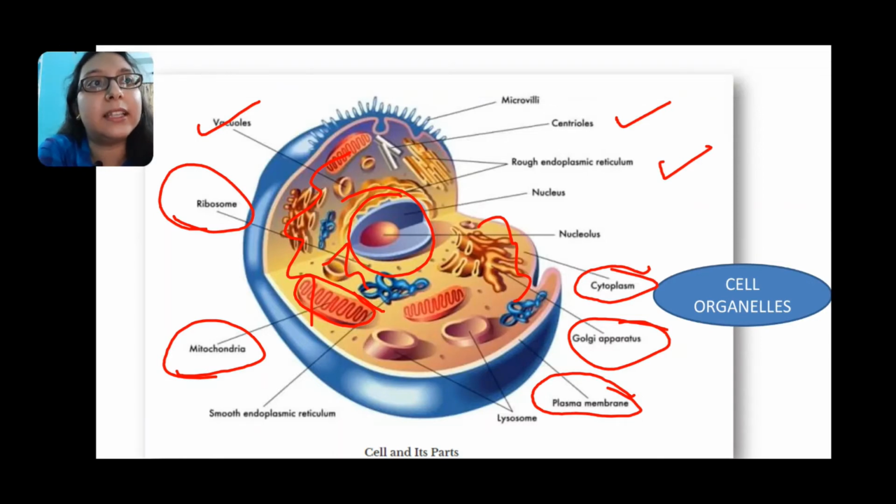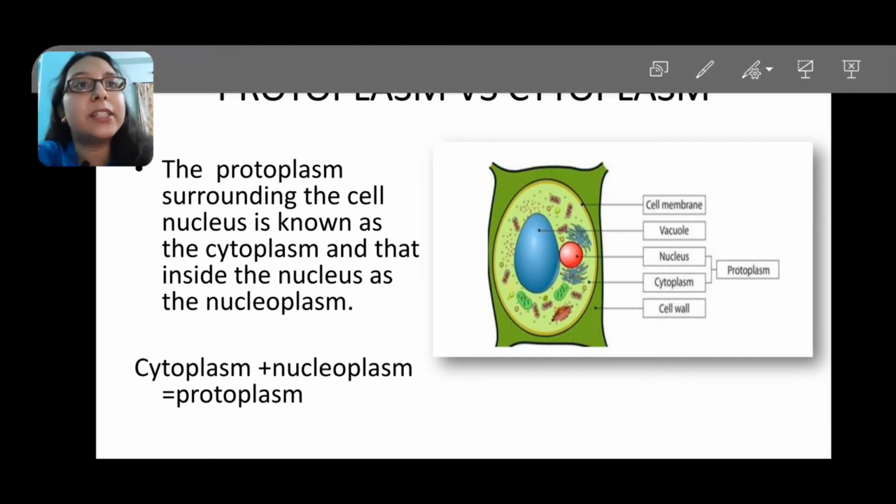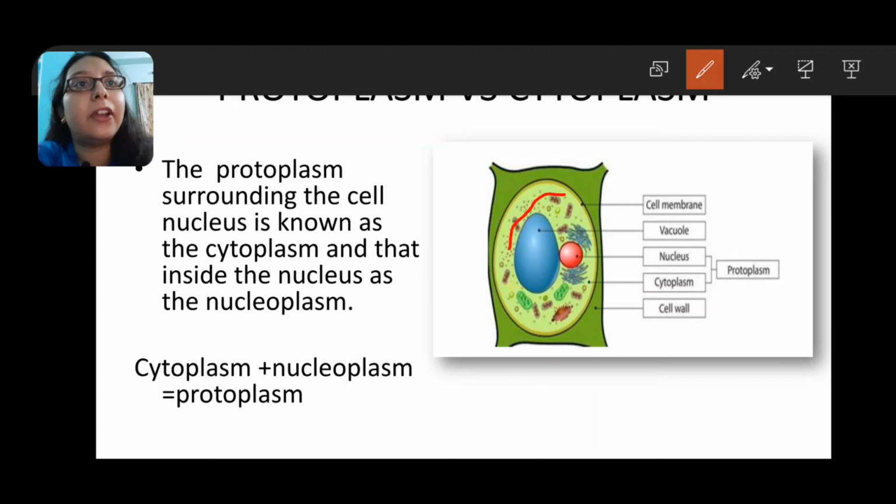Moving on to the next slide. Now, protoplasm versus cytoplasm. What is this protoplasm and what is this cytoplasm? We know that protoplasm is the cytoplasm plus nucleoplasm. What is cytoplasm? Cytoplasm is the jelly-like substance which is present here, that is outside the nucleus.